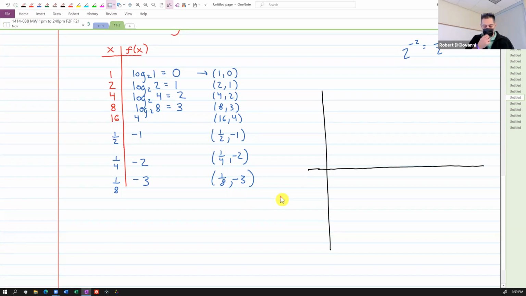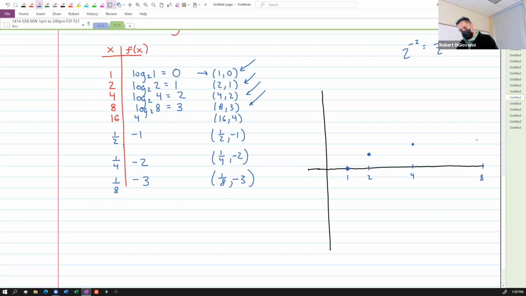Now I'm going to start plotting these points. The first point is 1, 0. That's go out to the right 1 and then don't go anywhere. The next point, 2, 1 means go to the right 2 and then go up 1. The next one, you go to the right 4 and then you go up 2. The next one, you go to the right 8 and up 3.